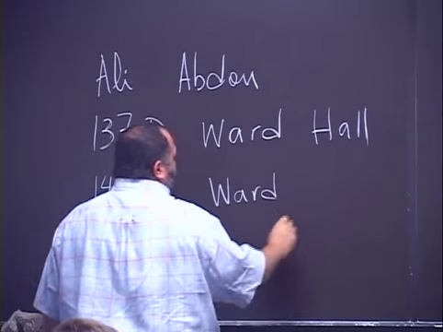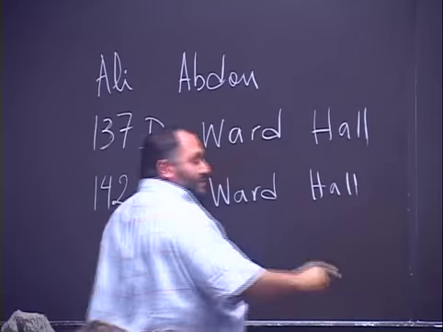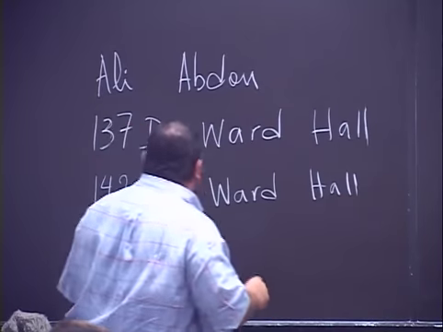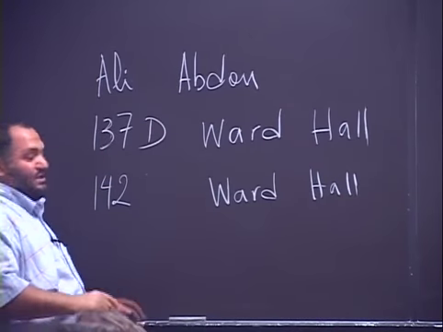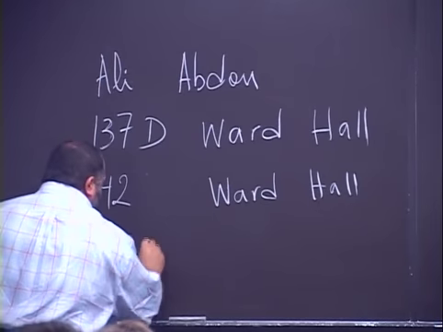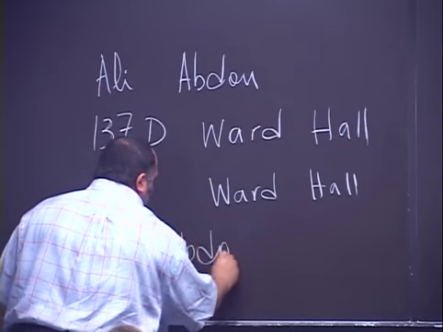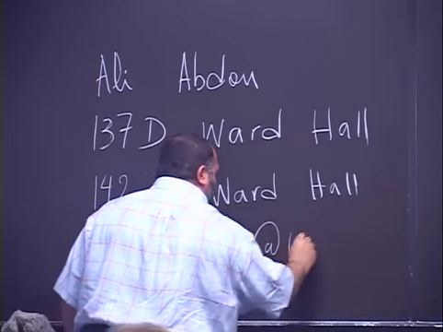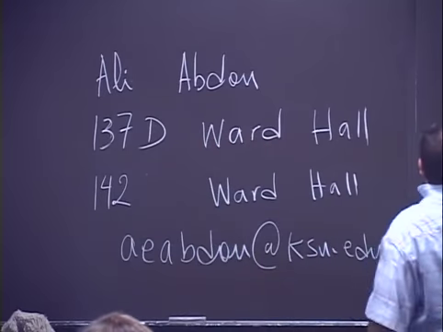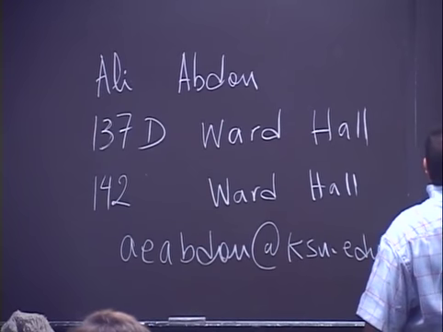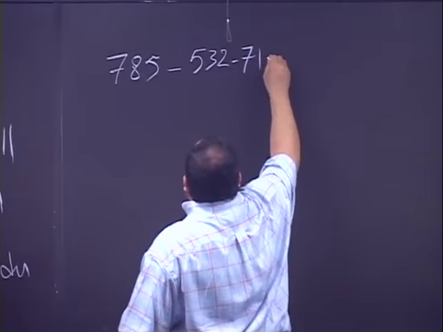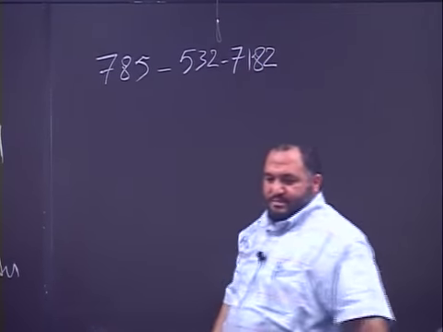This is my lab, and you can contact Muhammad at the end of the office here or class. He's my student. He will know where I am, so you can contact him anytime. Also, you can email me at aeabdou@ksu.edu. In case you want my office phone number, 785-532-7182.